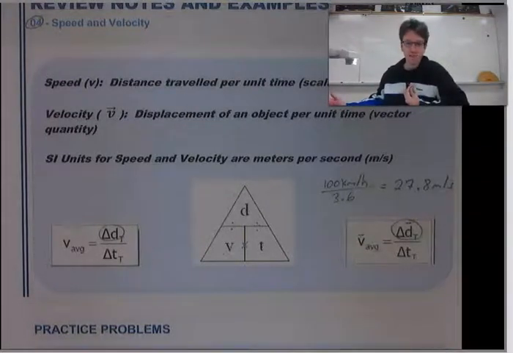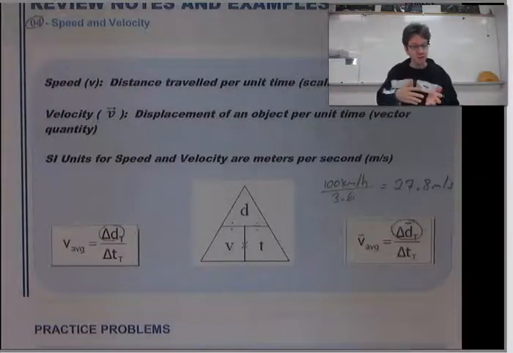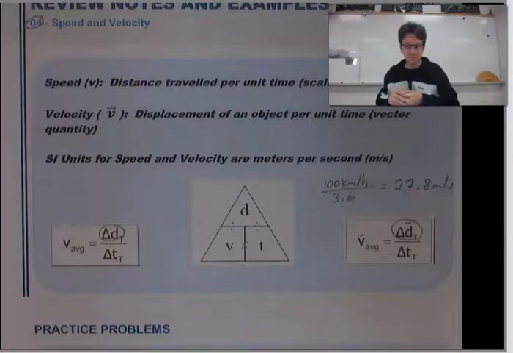Position is where you are relative to something, and distance is where you've moved from where you were before. If you moved somewhere compared to where you were, that's a change. And so if the variable represents a change, we put delta. That's what the delta stands for, change.